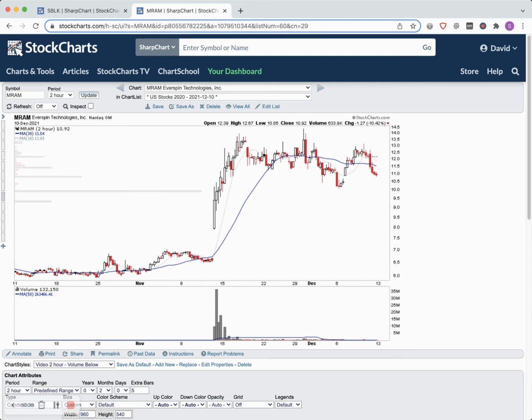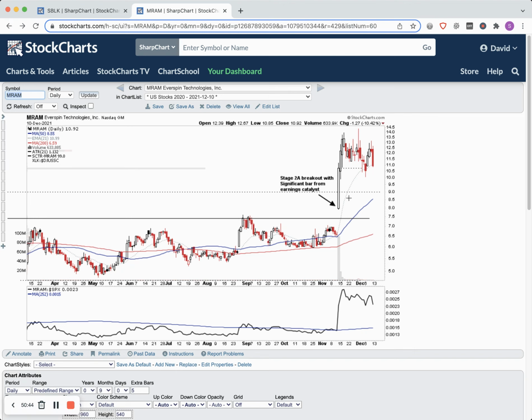So that would be potentially moving into phase D if it did do that, but looking a little bit more messy at the moment. But the fact that it's still holding this initial significant bar and that the volume was so huge on that and it moved so far so quickly, you would expect it to consolidate a bit. But we'll see what comes of this one. It is one of the more interesting semiconductor stocks at the moment.